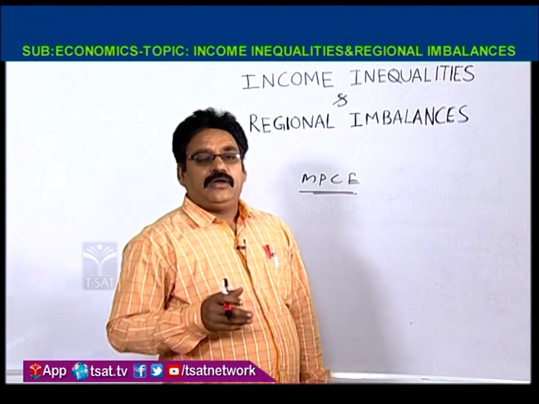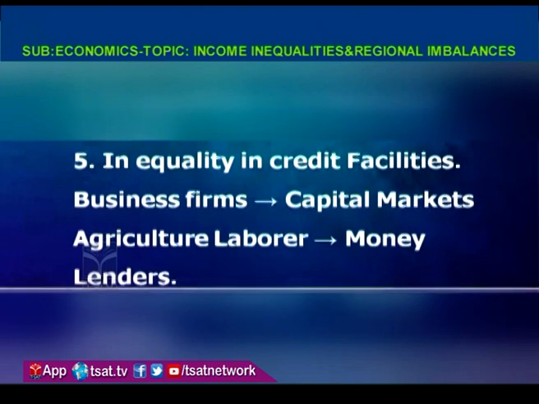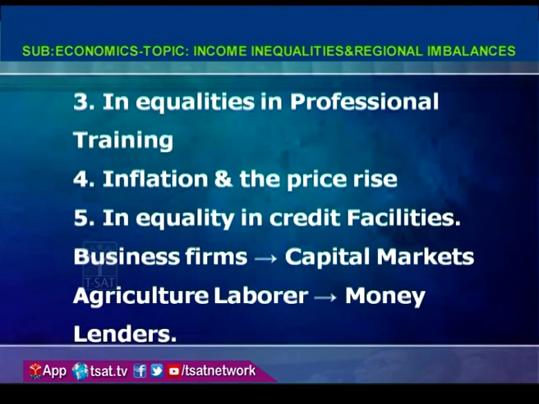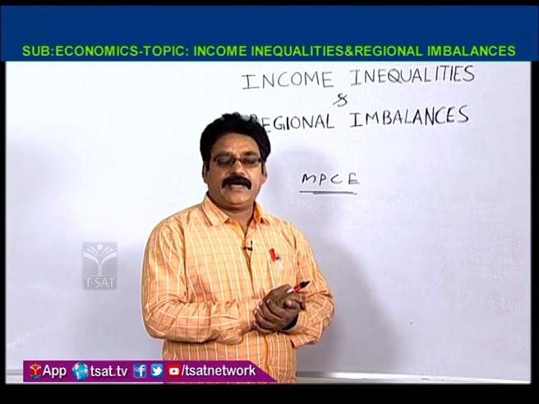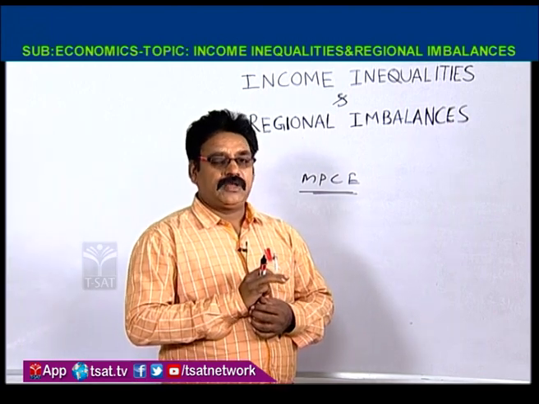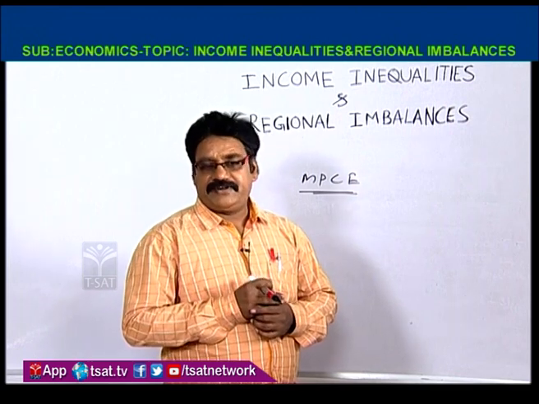The fifth point is inequality in credit facilities. Business firms approach capital markets and banks for lending. They can avail loans at a cheaper rate of interest.